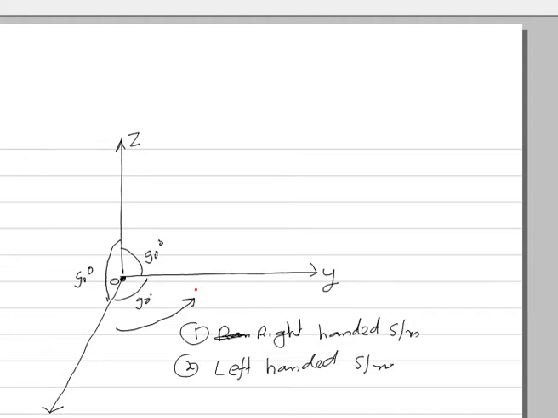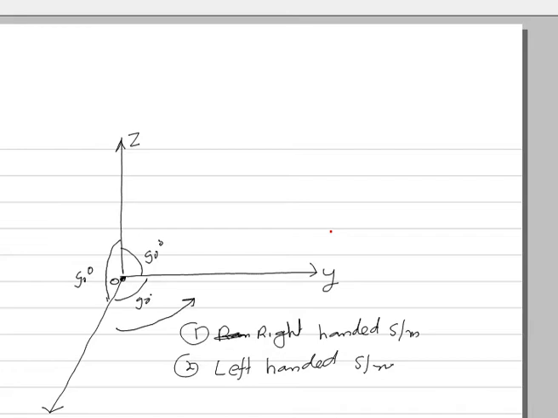Again, the meaning of right-handed system is the rotation from x to y, y to z, z to x. Similarly, for the left-handed system, if the rotation is from y to x, x to z, z to y, then it is called a left-handed system.